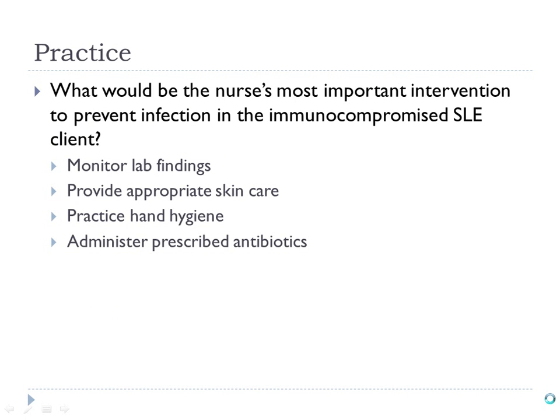What about this? The nurse's most important intervention to prevent infection in immunocompromised lupus patients. It's hand hygiene, right? So just remember that hand hygiene is the single most effective way to prevent the transmission of disease.